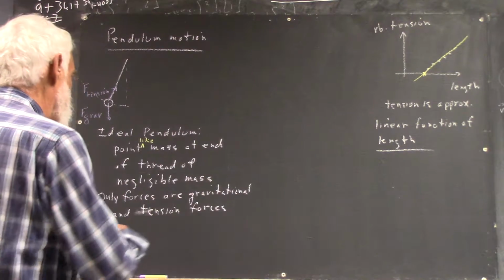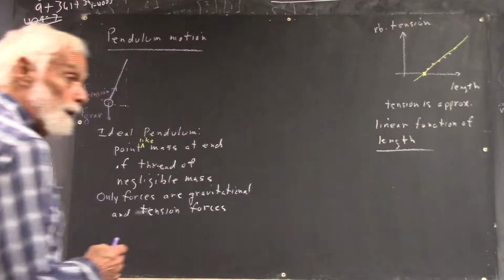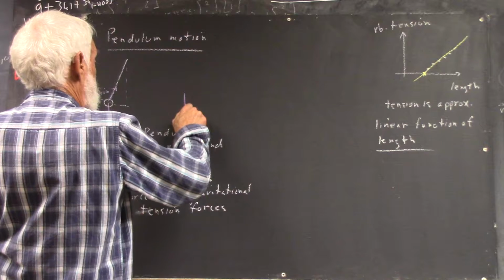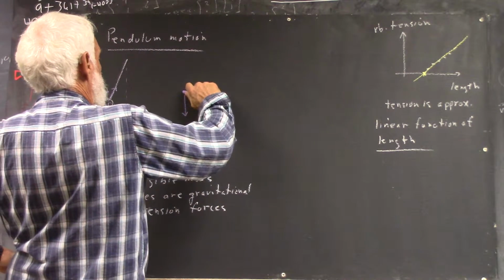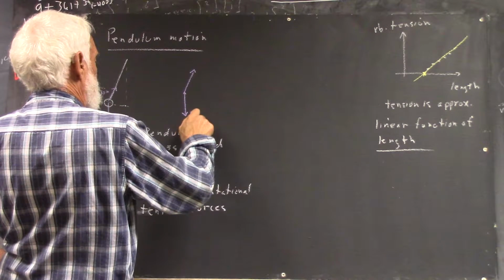So, we can draw what's called a free body diagram. I'll say a lot more about free body diagrams later, but here's a diagram. Here's our tension, that's our gravitational force, and here's our tension.